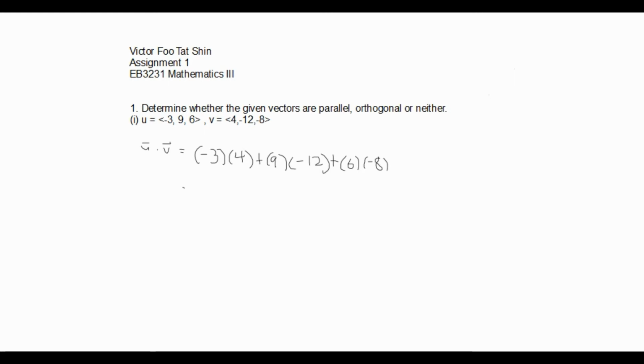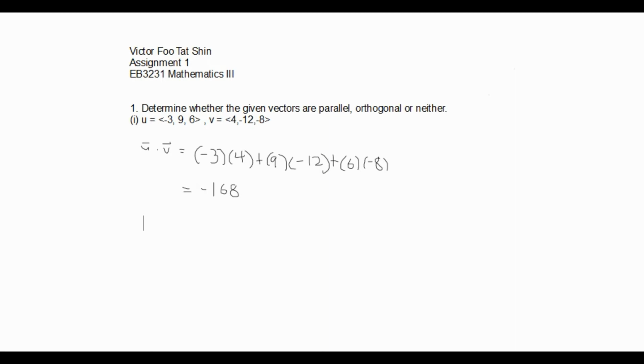Okay, and if you calculate, you get the answer as -168. So it's very obvious these vectors are not orthogonal.